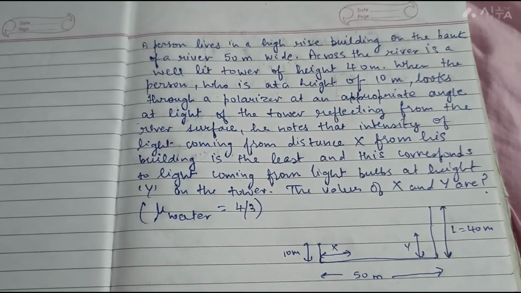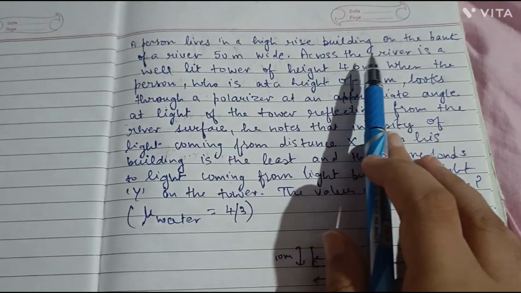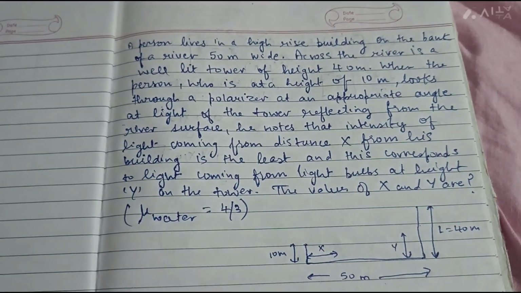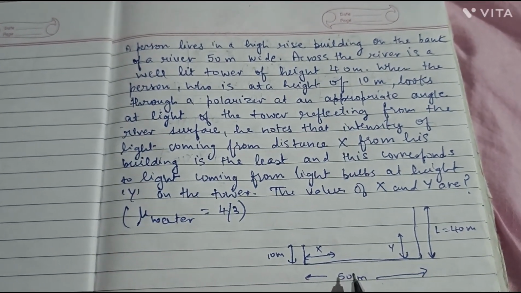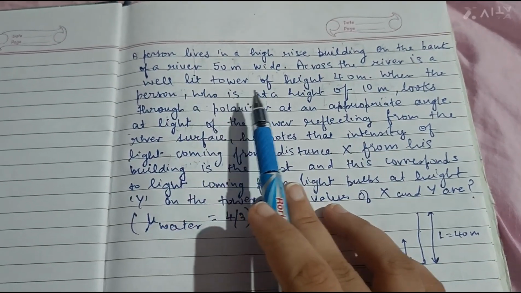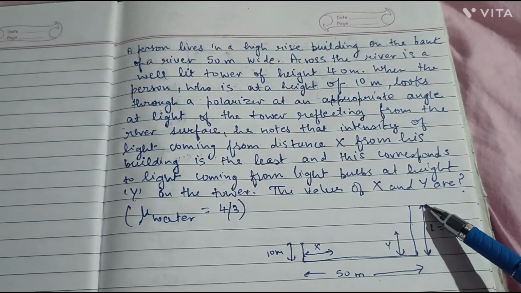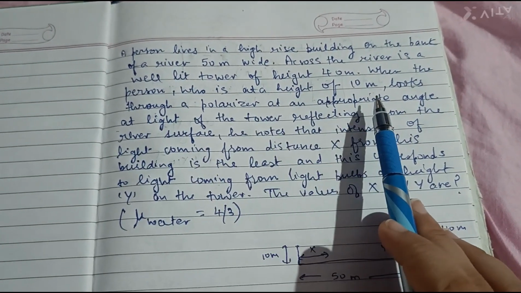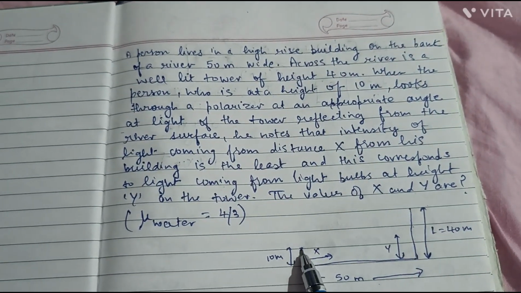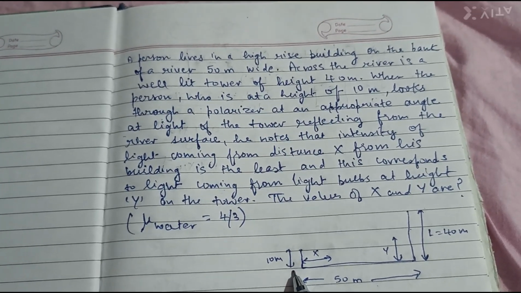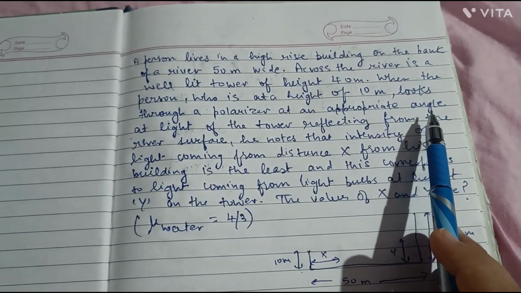The numerical says a person lives in a high-rise building on the bank of a river 50 meters wide. So this is the river and the river is 50 meters wide. Across the river is a well-lit tower of height 40 meters. The person is at a height of 10 meters, right up here, and the distance of the person from the ground is 10 meters.